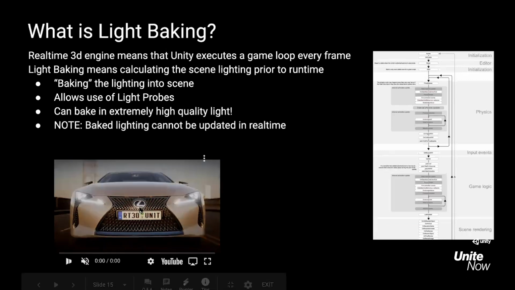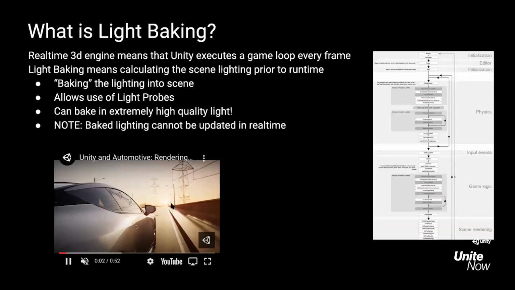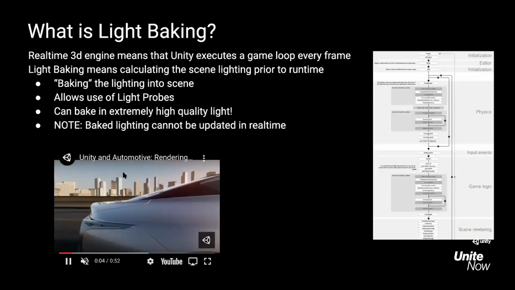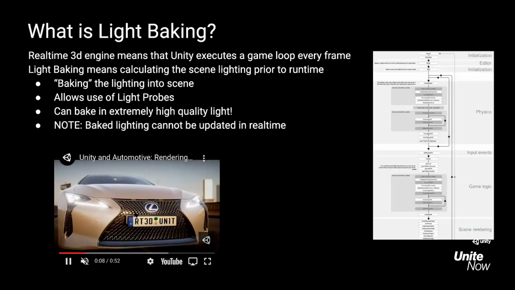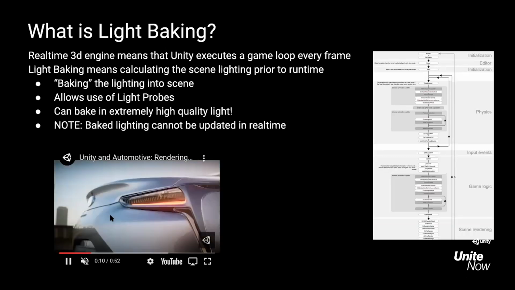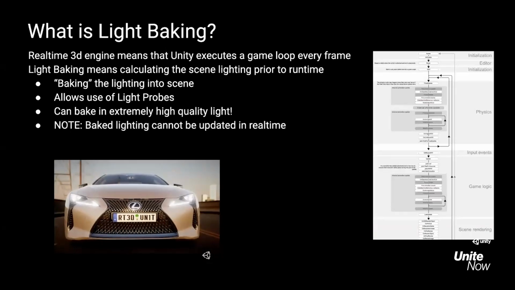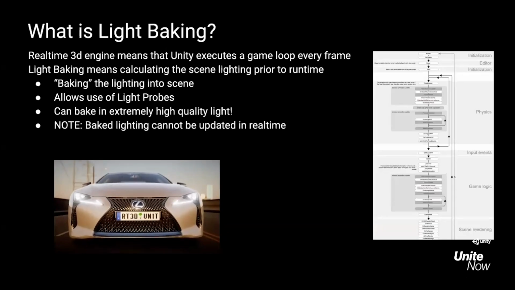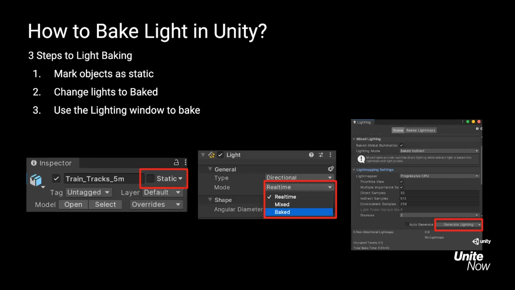Okay, and this video that just ran is the Lexus demo, and you can see some of this lighting, especially in the environment, is baked, and then you'll see the real-time lighting that's actually on the vehicle as well, right? So baked lighting is not mutually exclusive from real-time lighting, and the two can work together to create really high-fidelity scenes.